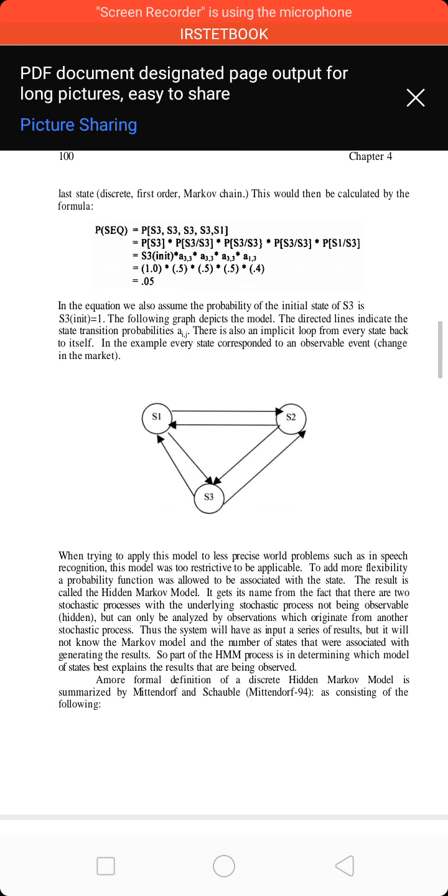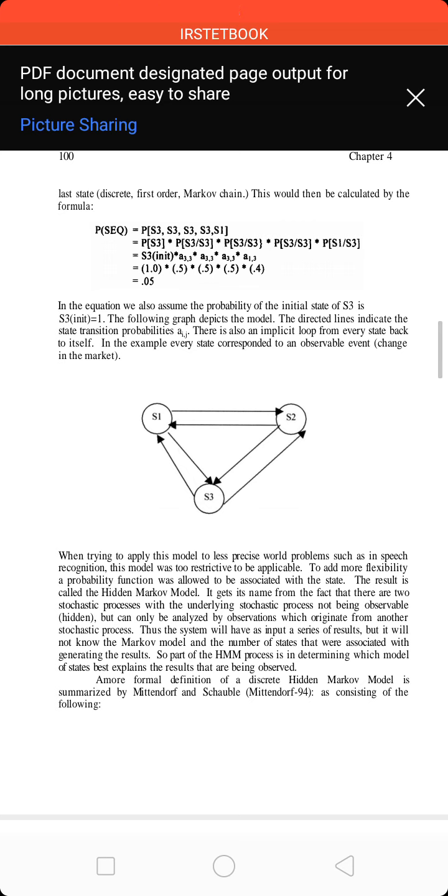That is S3 initial into a 3.3 into a 3.3 into a 3.3 into a 1.3. I am taking S3 as a 3 into 3, that's why 3.3. If the last one is S1 given S3, that's why 1.3. Then 1.0 into 0.5, 0.5, 0.5, 0.4, which gives 0.05.